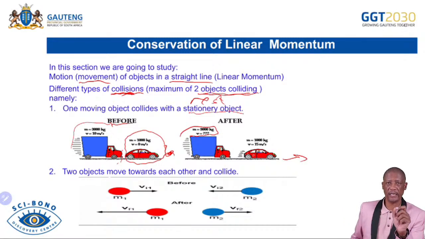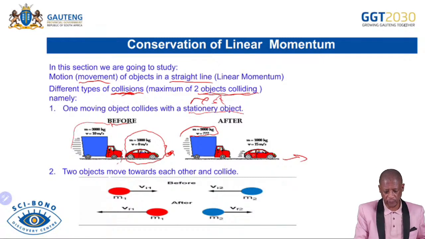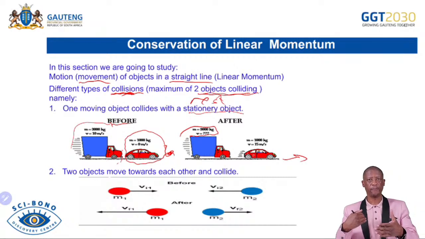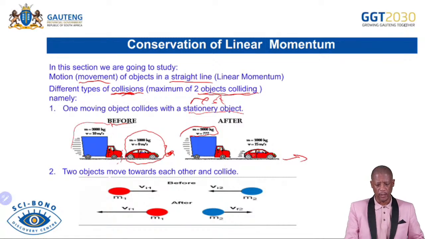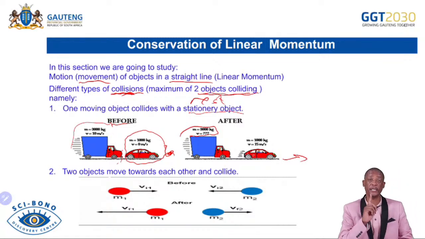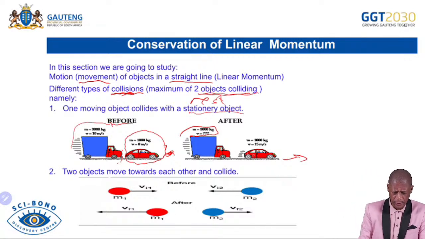It must have both magnitude and direction, right? So we will know the direction of the car, whether immediately after it hit the stationary car it went back or moved forward. The velocity will tell us, because it has a direction. It is a vector. All right. So here we're looking at one object that is stationary, at rest, not moving.